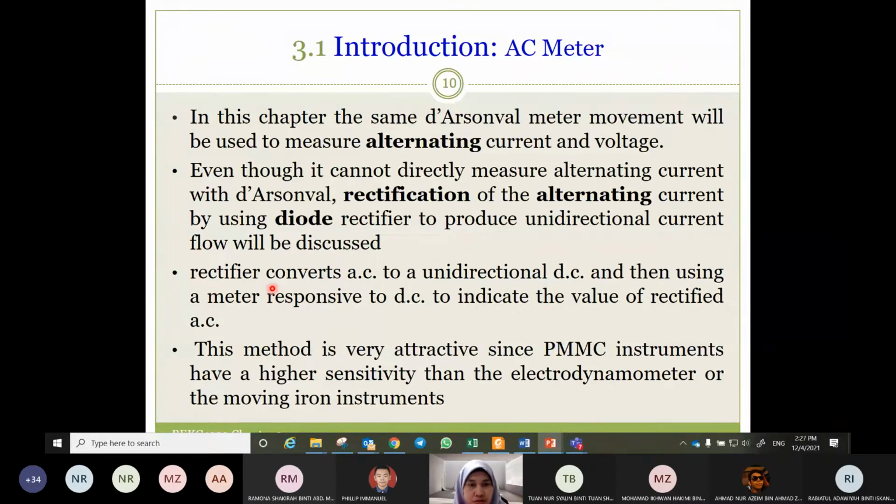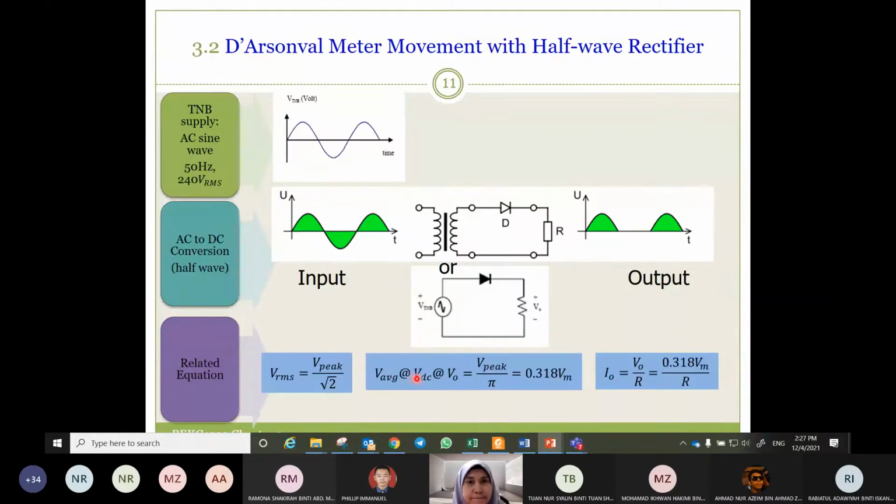So we add a rectifier to the PMMC so that the meter can read AC signal. This method is very attractive since PMMC instruments have a higher sensitivity than the electrodynamometer or the moving iron instruments.